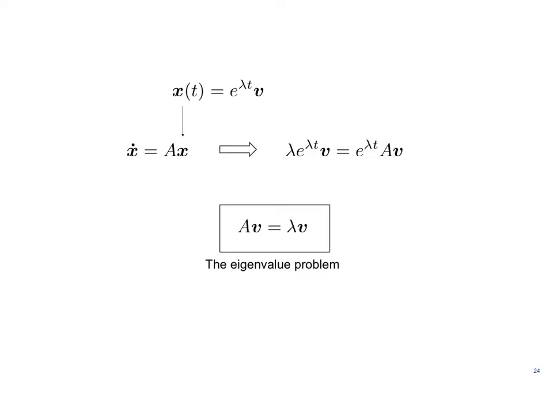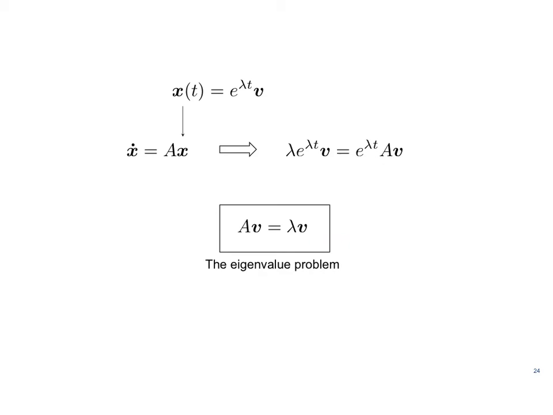It is then possible to introduce this solution into the problem of interest, and you will get this equation. You just cancel out the exponential terms, and then you get the eigenvalue problem.